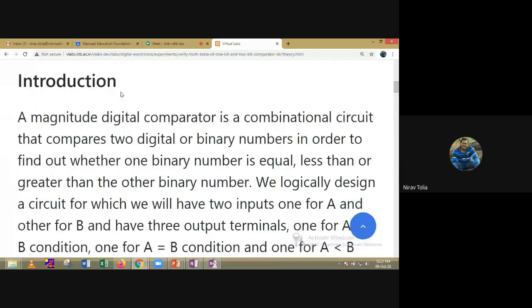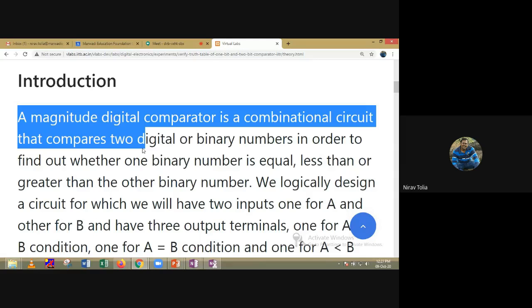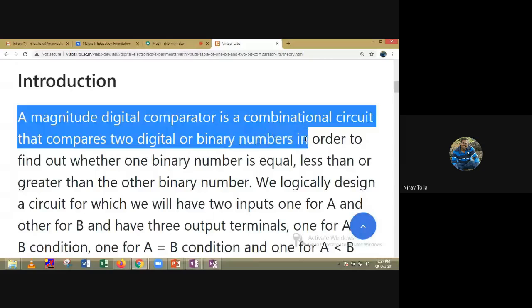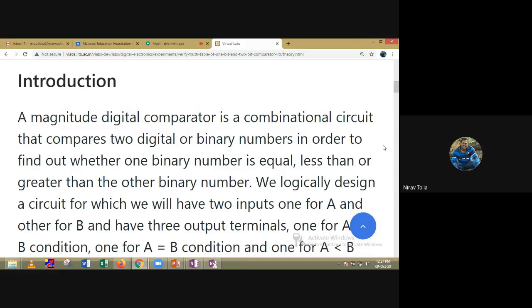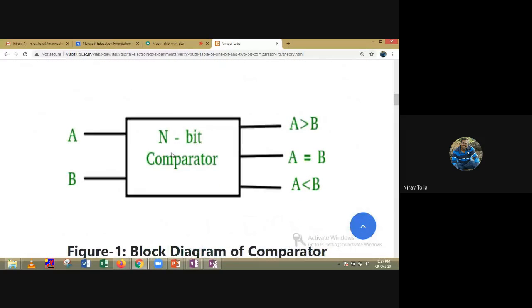A magnitude digital comparator is a combinational circuit that compares two digits or binary numbers in order to find out whether one is equal to, less than, or greater than the other. In an N-bit comparator, we always have two inputs, A and B, and three different possibilities for the output: A greater than B, A less than B, or A equal to B. This is the generalized block diagram of a comparator, with two inputs and three outputs.